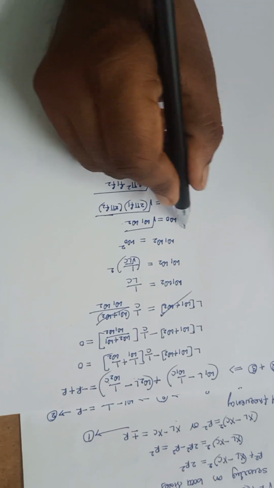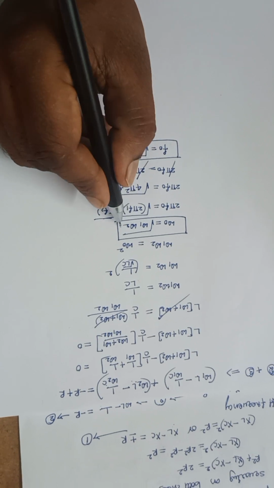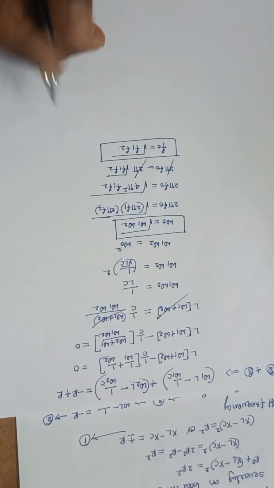So here what I want to prove is this resonance frequency is the geometrical mean of these cutoff frequencies, in radians per second or in hertz.